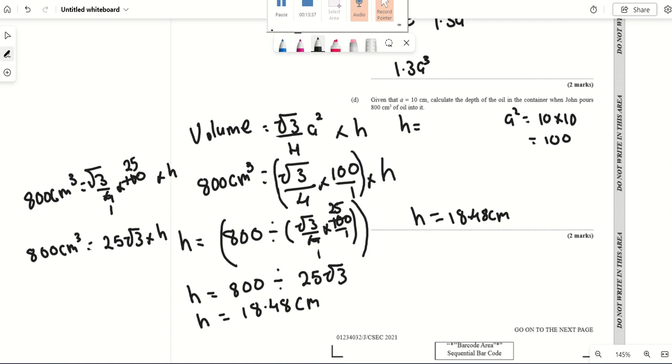Then I'm going to make h the subject by carrying across, multiply by root 3 over 25, which is going to turn to divide. So height would be 800 all divided by 25 root 3, and you will still get the same answer. Right? That is the next way that you can do it.